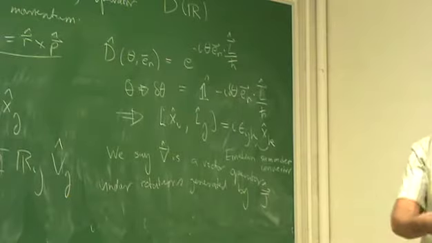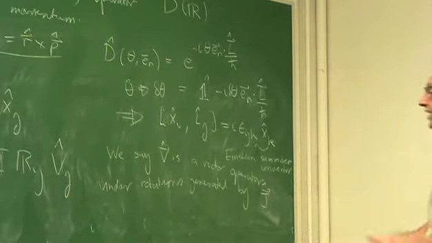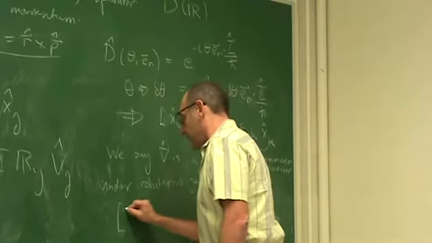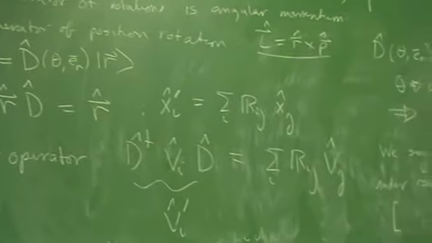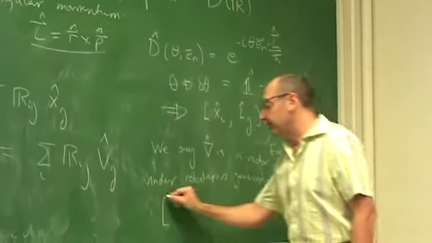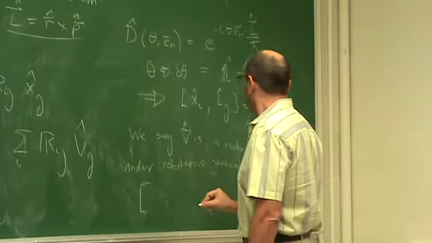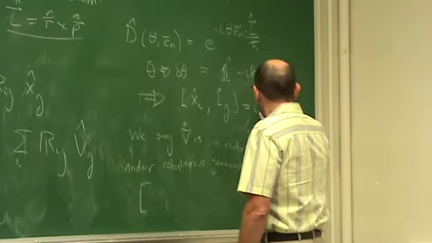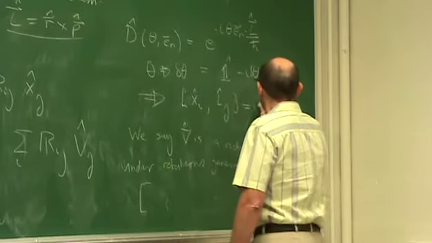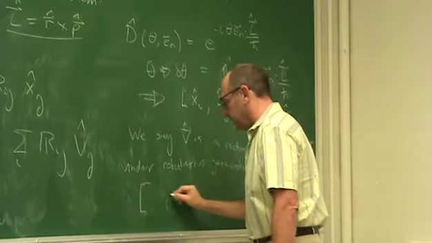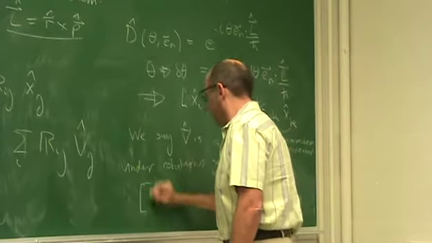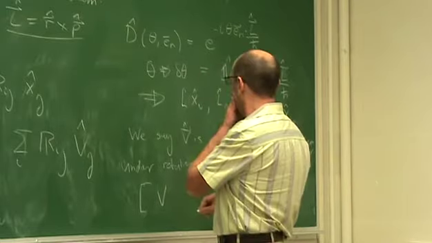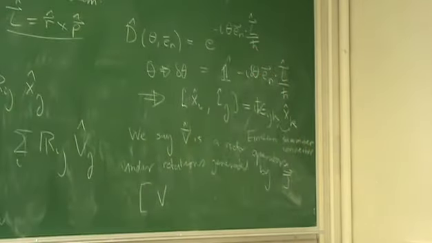We say that it is a vector under rotations generated by J if, and this would be the same expression here, express D in terms of, now instead of L it would have J. Well, I guess because I'm keeping h bars around, I'm going to put an h bar there, and then soon I'm going to set h bar equal to 1. J sub i, I'm sorry, V sub i. Just got myself confused about the sign. Let me double check something. Yeah, it's got to be this way.